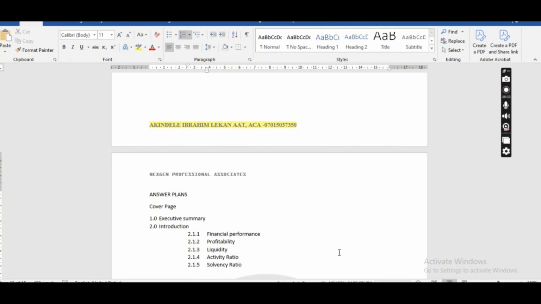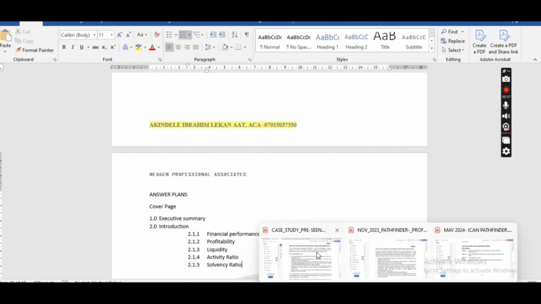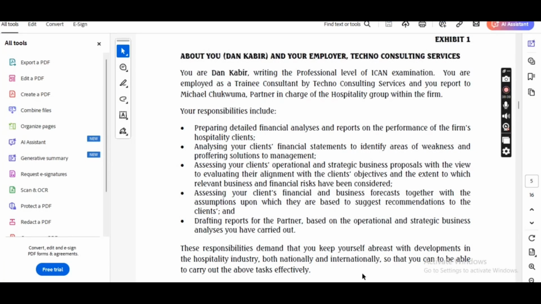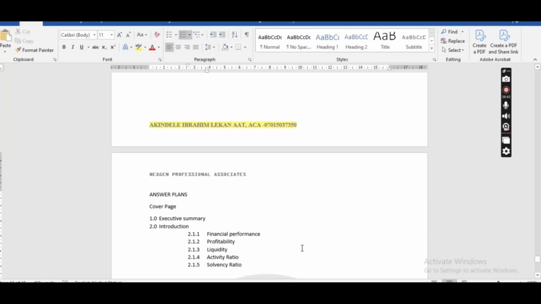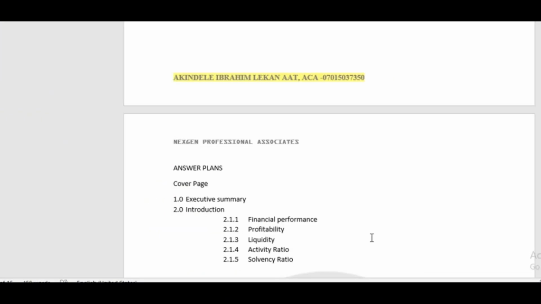So now, after the financial performance, we're not given the ratio we are to work with. But for the purpose of this quiz, just work with profitability ratio, liquidity ratio, activity ratio, and solvency ratio. And don't forget, class, that when you are doing your financial analysis, you should also include trend in your exhibit 5 or exhibit 6.